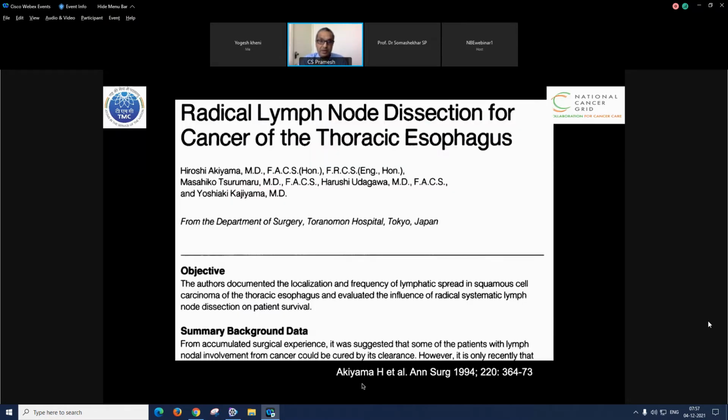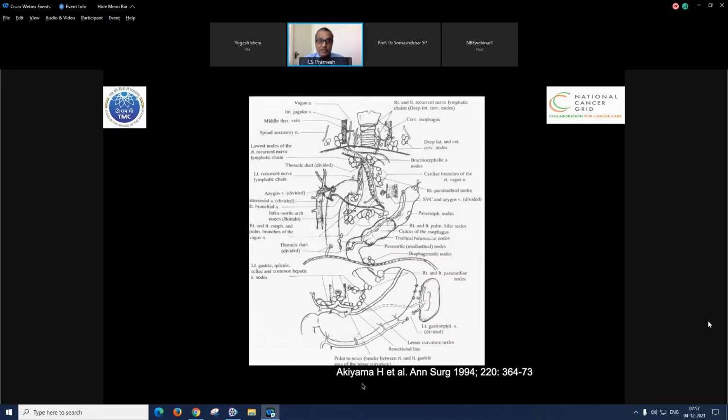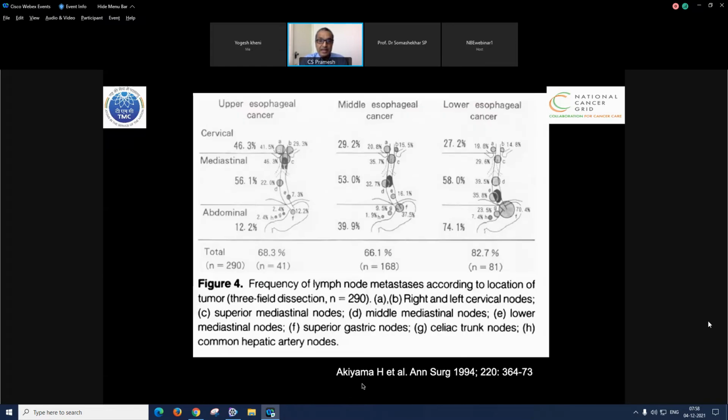Again, a really good article was written by Akiyama and his student Udagawa, who's now the head of esophageal surgery in one of the other centers in Tokyo, where they went through every single lymph node station. This is truly a wonderful paper to go through, with hand-drawn images of the esophagus and the lymph node stations. They clearly showed that cervical lymph node involvement, especially with upper and middle and even with lower esophageal cancers, was in the range of 27 to 46%.